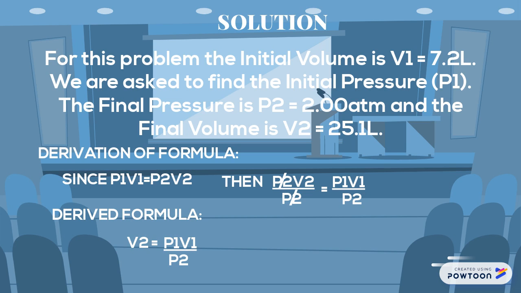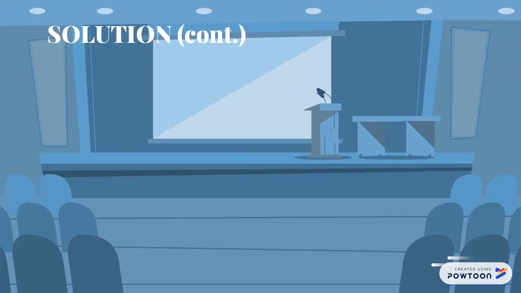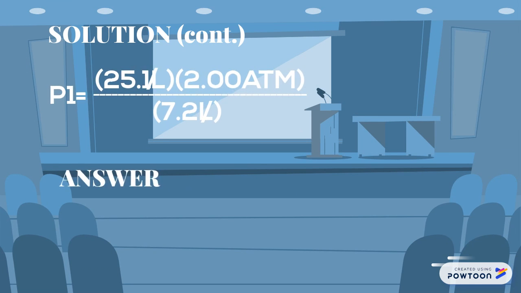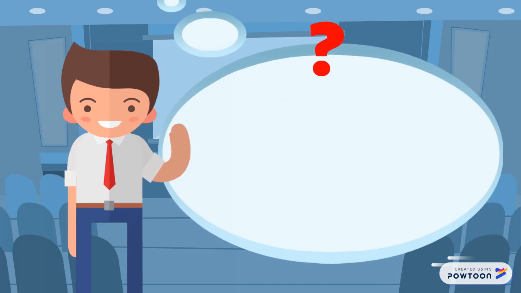And this is the right formula for problem number 1. P1 equals 25.1 liters times 2 atm all over 7.2 liters, and the answer is P1 equals 6.97 atm.